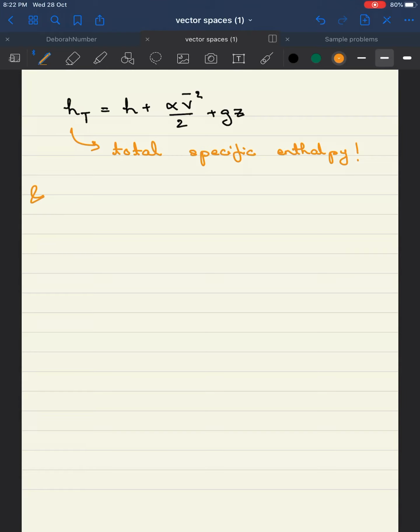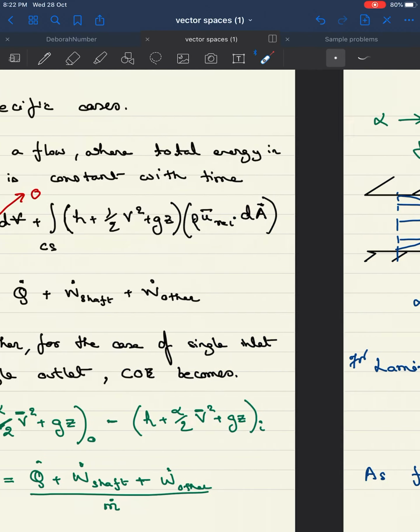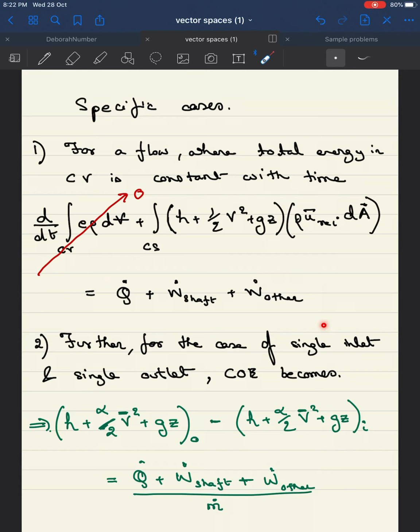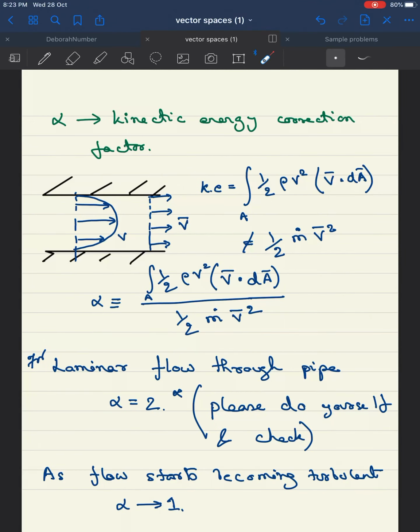And if Q dot equals W shaft equals W other equals 0, then H T equals a constant. Or in a situation where all these different terms cancel out, so the net work done and net energy added to the system is 0, then this total enthalpy remains constant.